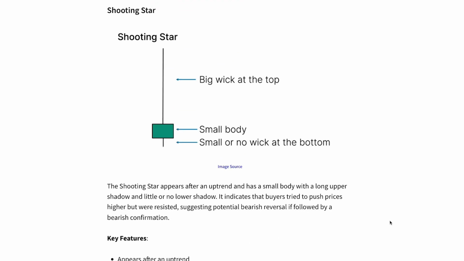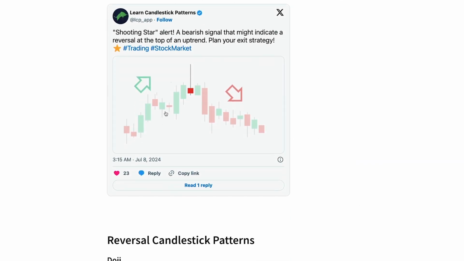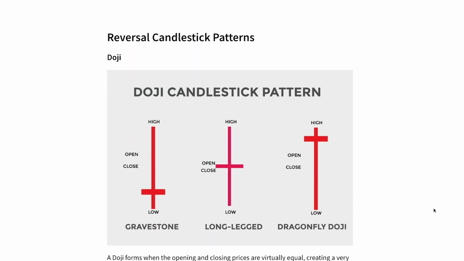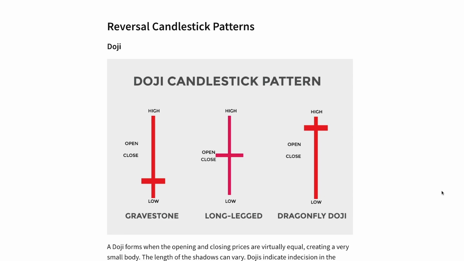That's a shooting star pattern. And here we can see a nice graphic of it, shooting star, followed by this bearish engulfing candlestick, indicating that the trend in this security could be going down. So those are some popular bearish candlestick patterns that are important to memorize and important to learn, and check out on the charts.